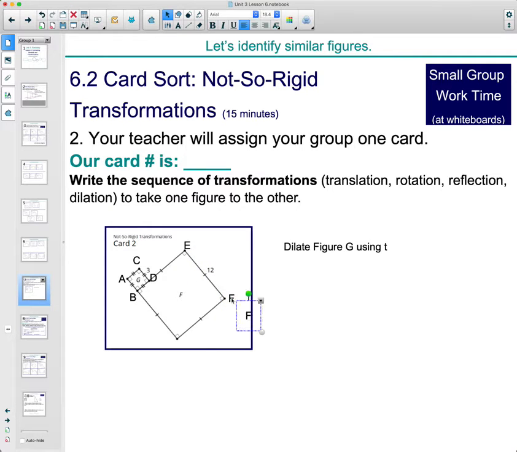If you used different letters, yours will be slightly different than mine, obviously. So let's dilate figure G using B as the center.